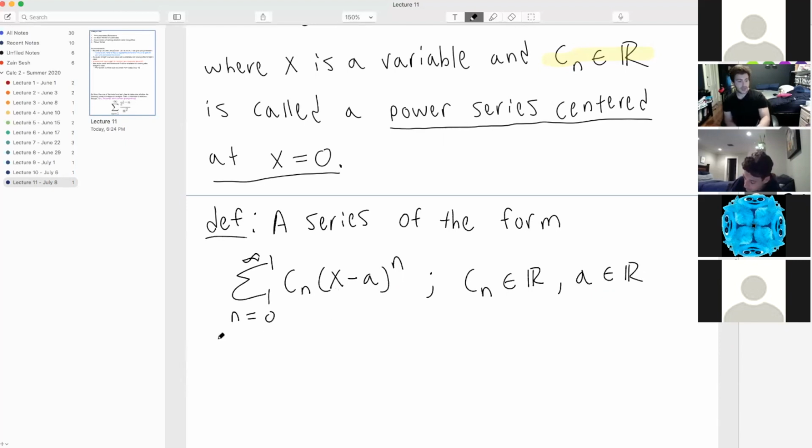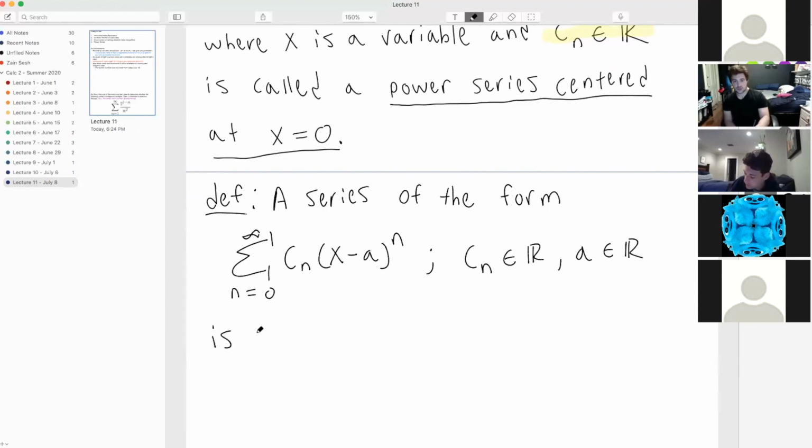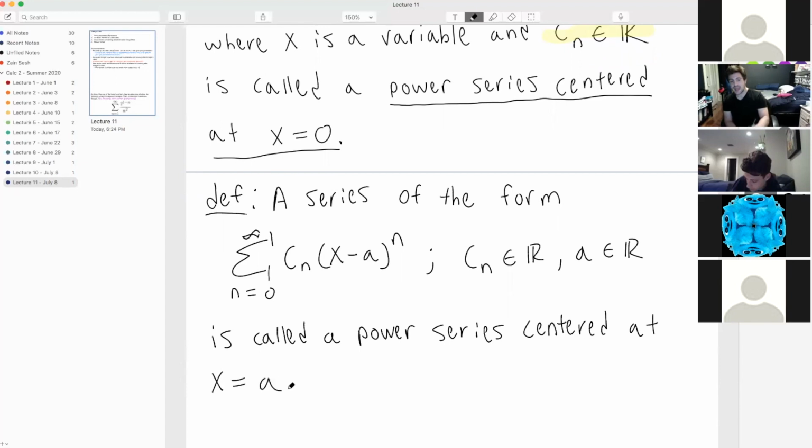It is called a power series centered at x equals a. So that's what we're defining here. This x equals a is referring to the x minus a that we have in the series.